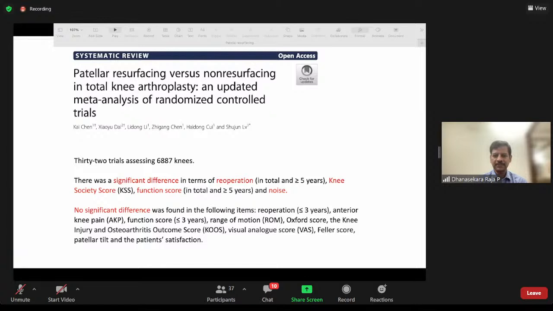That is my experience. But some amount of fibrous tissue formation always happens, and even after resurfacing, a lot of patients complain of crepitus. So some noise is always present, but there is no significant difference when we compare the reoperation rate, anterior knee pain, function score, range of movements, Oxford score, or the KOS score.